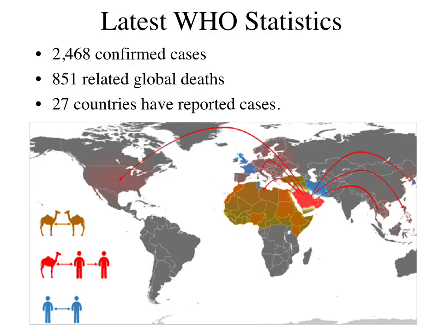Now, if we look at latest WHO statistics, this is through 2019. We've had almost 2,500 confirmed cases, with more than 850 global deaths, and 27 countries that reported cases.